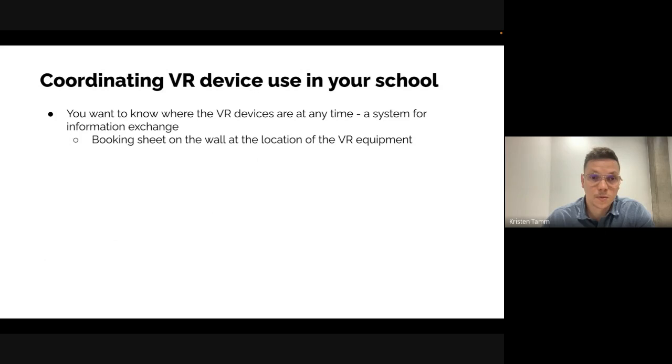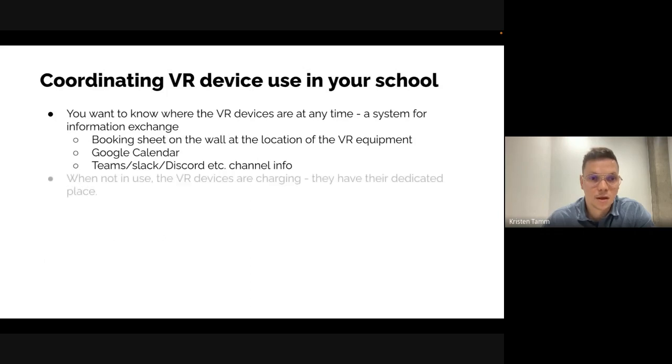There are many ways. You could have a Google Calendar. You could post information in Teams or Slack or Discord, or you could also have a really old school way of just having a sheet on the wall in the place where the VR equipment is stored, and everybody who wants to use the VR devices just goes and writes in the booking sheet.